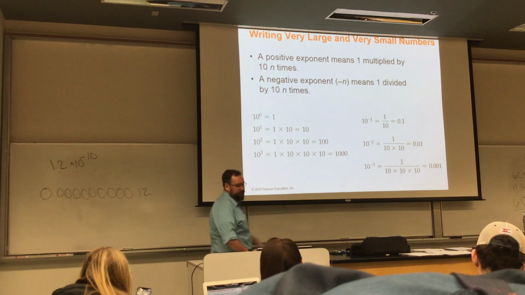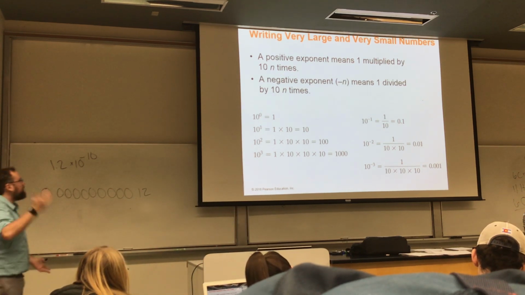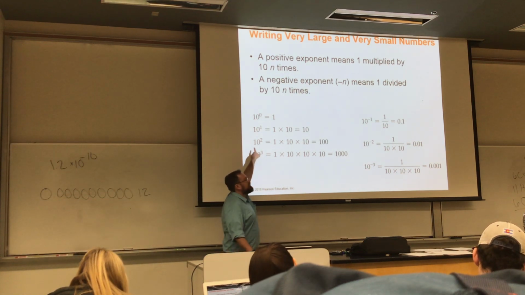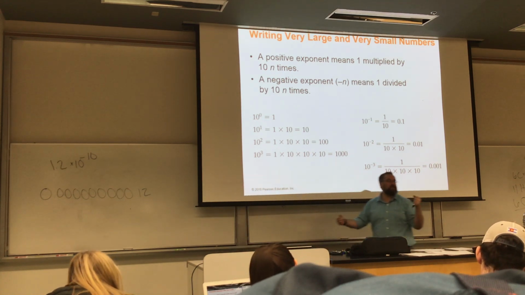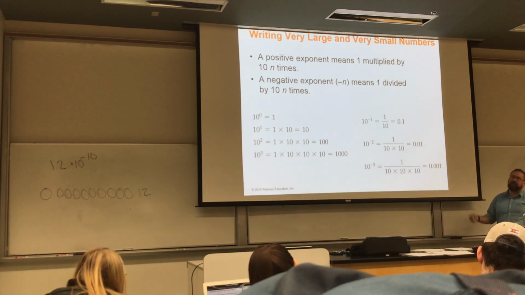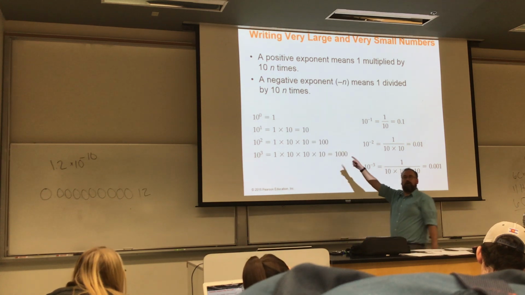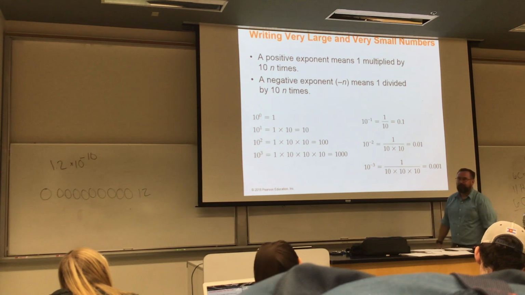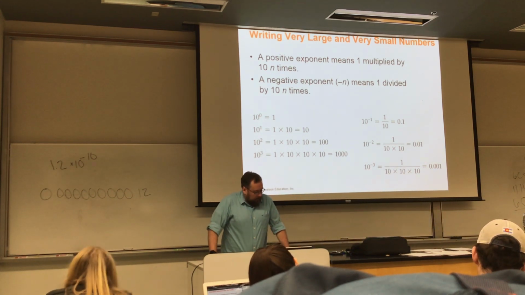And that's the slide. So when we say 10 to the n, it's just telling us how many times we multiply 10 together. So 10 to the 2 we could write as 10 times 10. 10 to the 1 is 1 times 10. 10 to the 0 is cheating, because it's always 1. Anything to the 0th power will be 1. That's part of the definition of it.